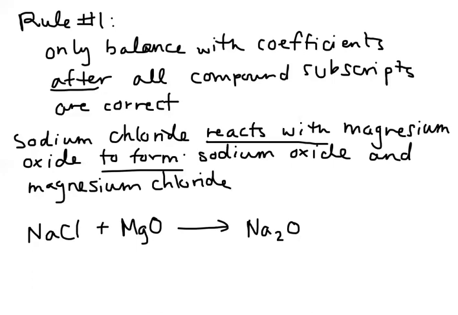Na2O. And I am not concerned right now that I have 1 sodium and 2 sodiums on this side. Don't worry about it yet. That's what the coefficients come in for later. This is why we're just doing our neutral compounds. And then we will figure out the balancing later.